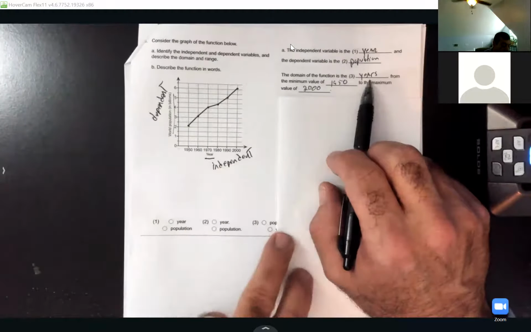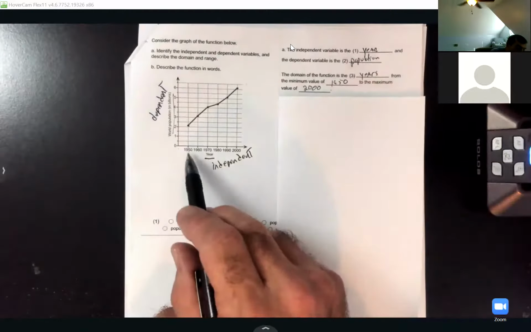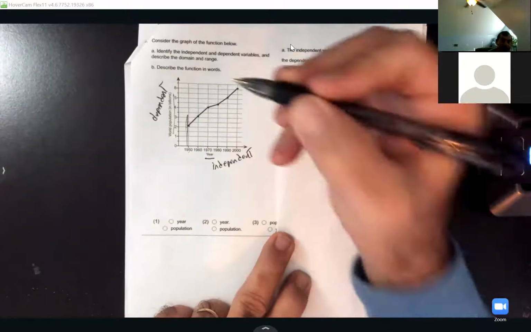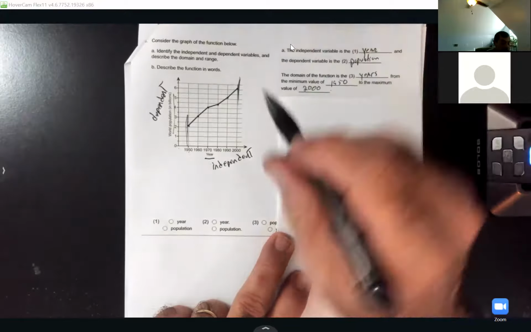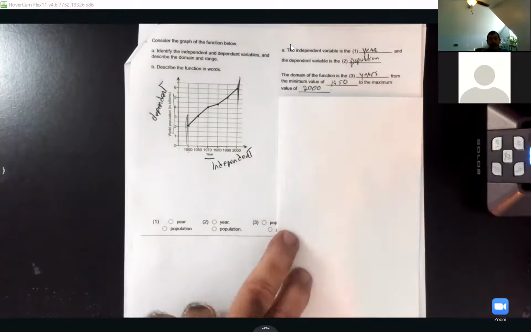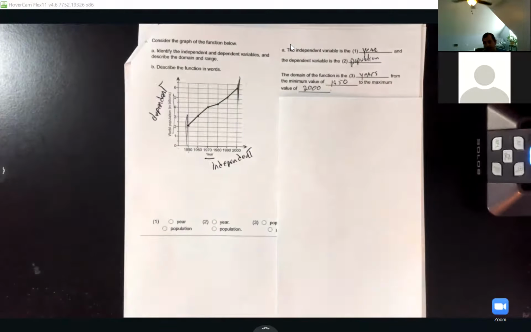So our years. And notice, we went from a minimum value of 1950, because that's where my line starts right here, to a maximum value of 2000. Okay, so my domain is those X's going along that bottom.